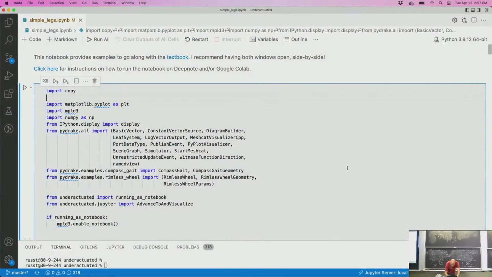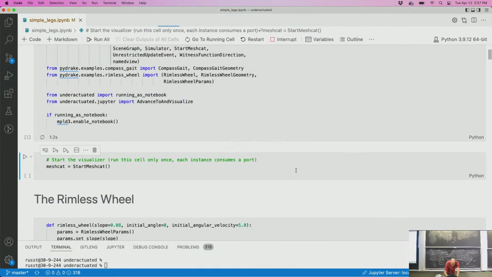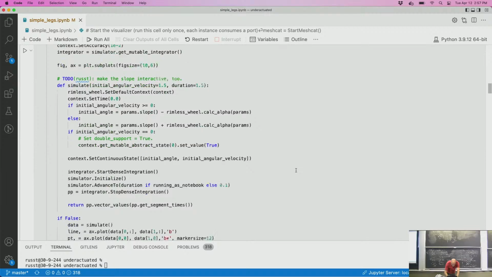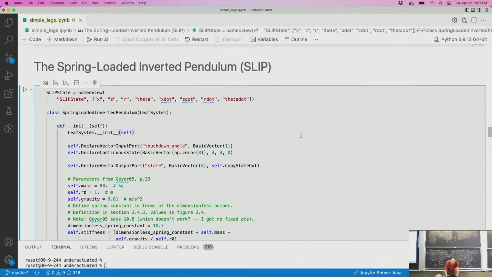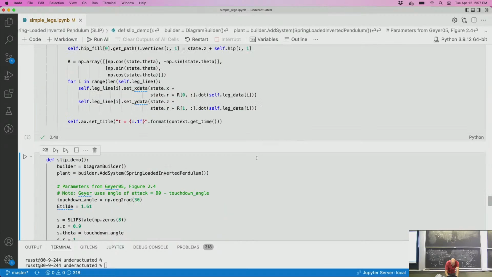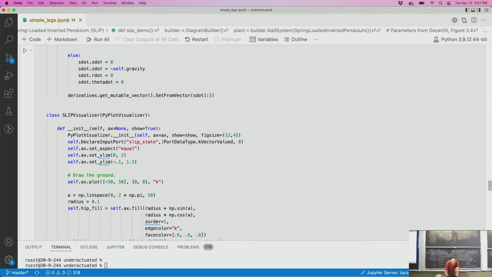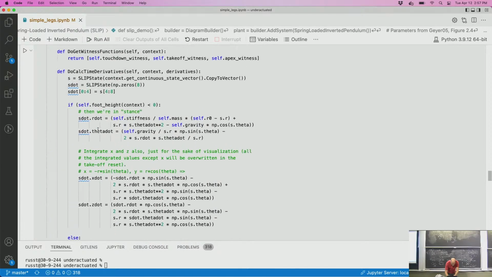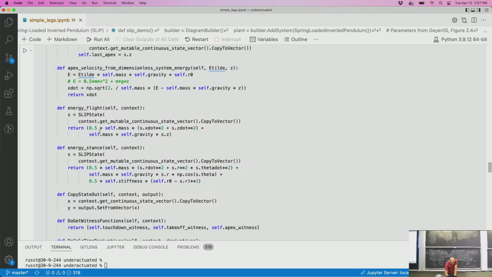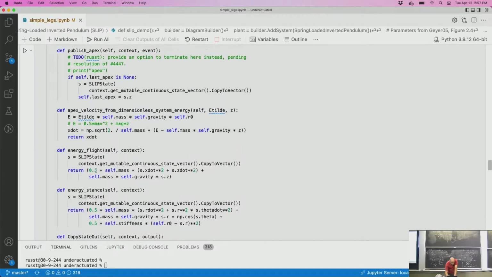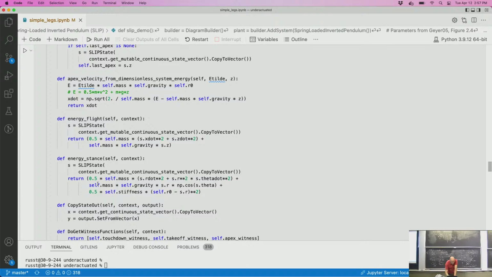Here's my, down below the rimless wheel and the compass gait, we have a little spring-loaded inverted pendulum model where I just typed in both the visualizer and the equations of motion. It's maybe worth mentioning, this is another example of typing in the hybrid dynamics, where I declare the witness functions, that's what simulators call the guards, and the reset maps.